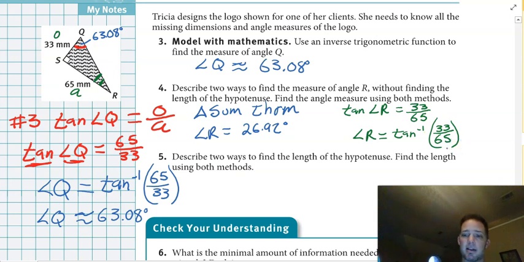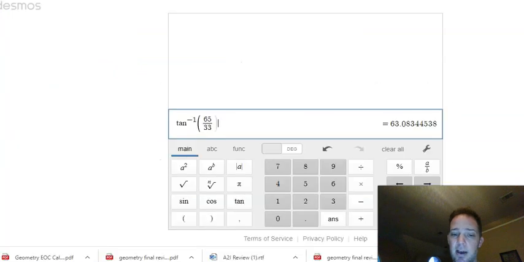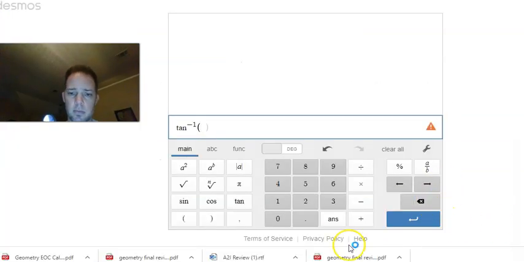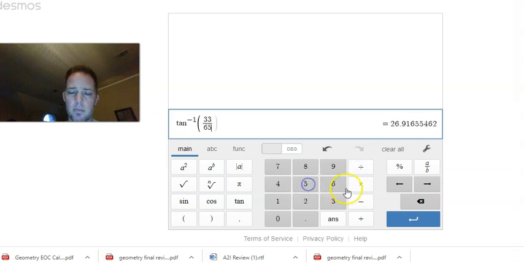So notice this is not quite the same as what we did before. It's the other way because we use the other angle. So let's check and see what angle measurement we get. Tan inverse of 33 over 65. Looks like we get 26.916, so that 6 rounds up to a 92, so 26.92.